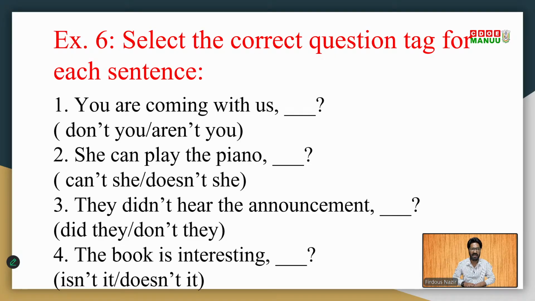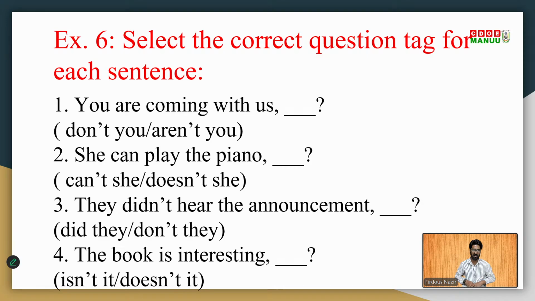Select the correct question tag for each sentence. So we have sentences here, and we have question tags in the brackets, and we need to choose the correct question tag for the statement given above. You are coming with us, aren't you? She can play the piano, can't she?